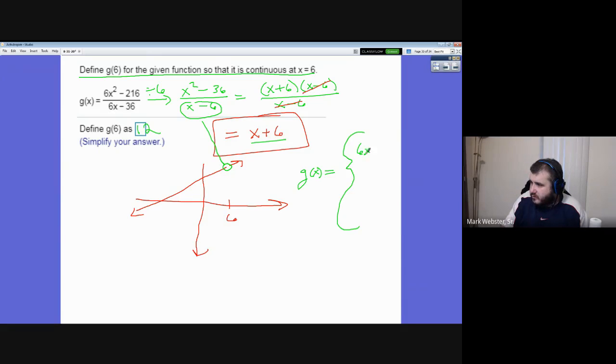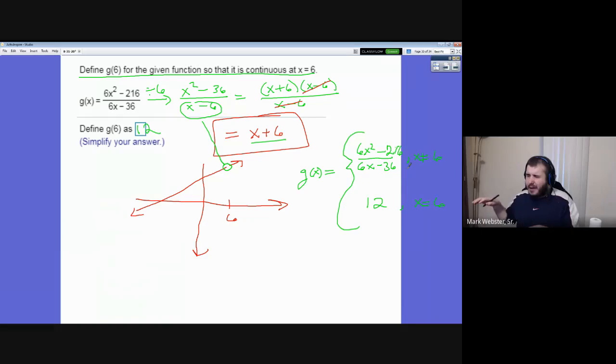It's 6x squared minus 216 over 6x minus 36 when x does not equal 6. Every other time we're working with that. But at x equals 6, we're defining it as 12, so that it's the same thing.